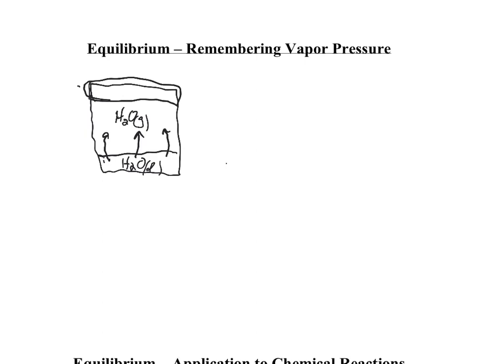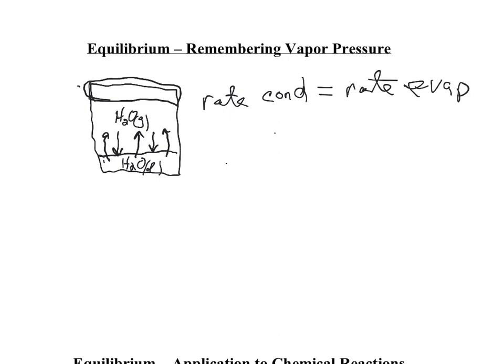Eventually enough water will develop in the gas phase that you'll reach a point where the gas water will start smacking back into the surface of the liquid and rejoining the liquid phase, at the point where the rate of condensation equals the rate of evaporation.